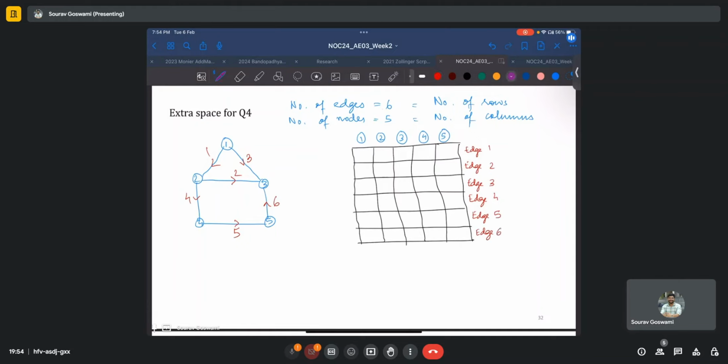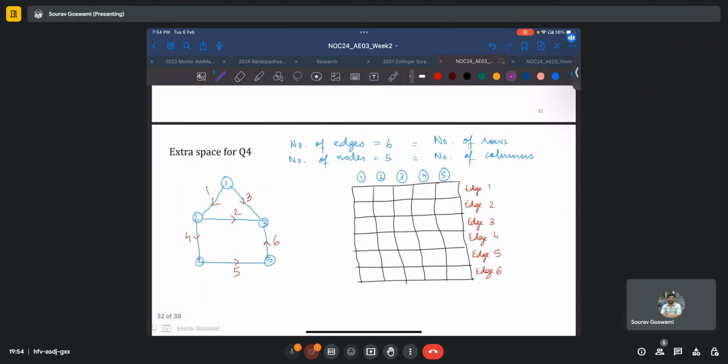Now we must set about filling this matrix. So what can we say about the first edge? It connects node 1 to node 2, leaves from node 1 and goes into node 2.